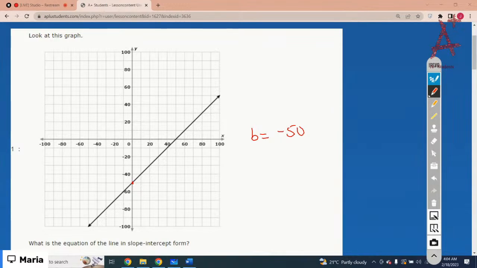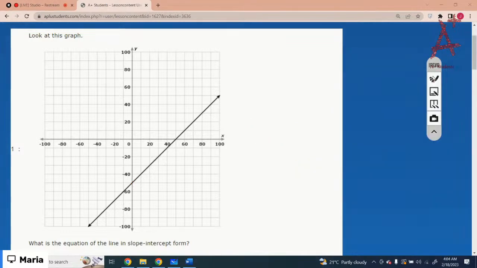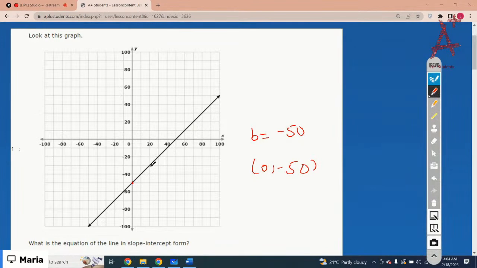Now you can use any 2 points and find the slope of the graph. One of them is the highlighted one, x is 0, y is negative 50. The second one is another point, this one: x is 20 and y is negative 30.